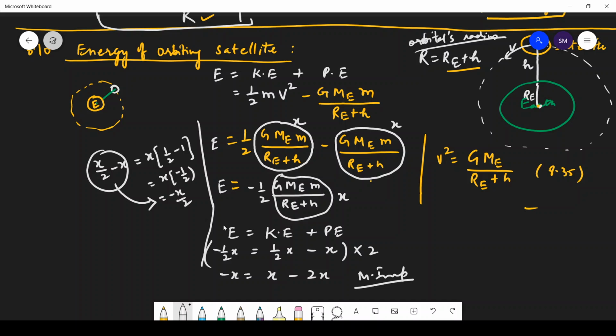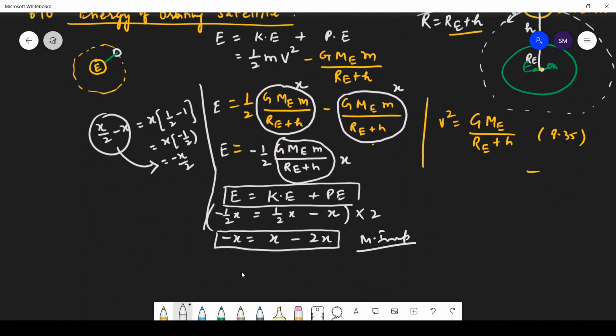So I have written this equation in this form, and ultimately this form in terms of x, students. Okay, so what is your kinetic energy? What is your potential energy? So this is your potential energy, right?